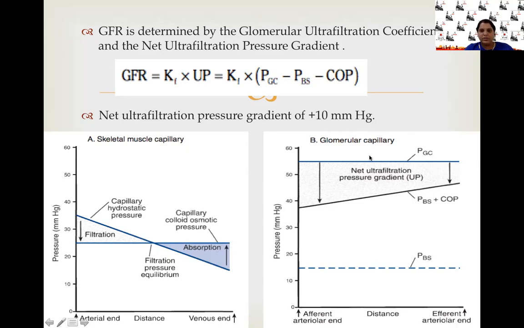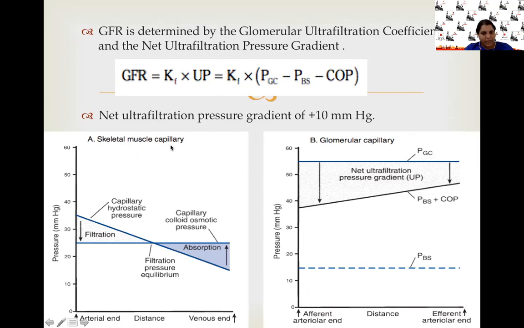In the kidney, the baseline hydrostatic pressure compared to skeletal muscle is very much higher, and this hydrostatic pressure in the glomerulus is mostly uniform without much change, whereas the colloid oncotic pressure slightly increases from the afferent to the efferent arteriolar end.